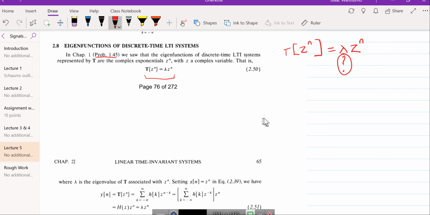And we can simply do this by setting our x of n, our arbitrary input, to be equal to z^n, as has been stated at that point.